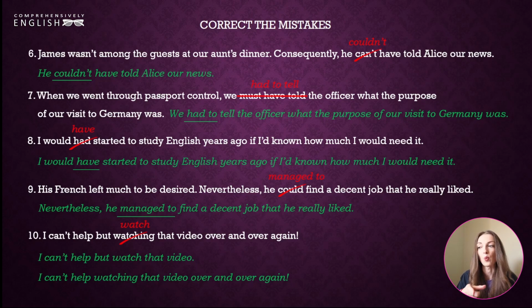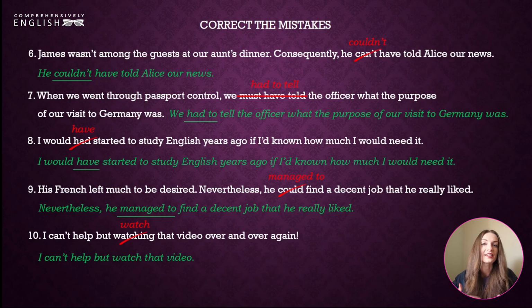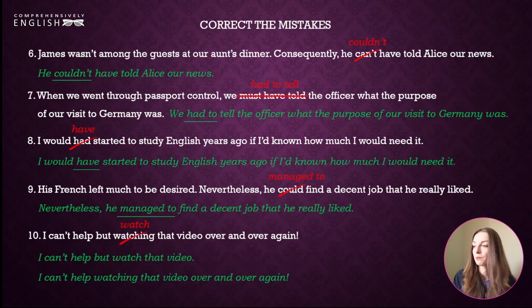I can't help watching that video over and over again means that I cannot stop. I watch it again and again and again. You're in a somewhat different phase in the second case. He or she is already watching it and is unable to stop.